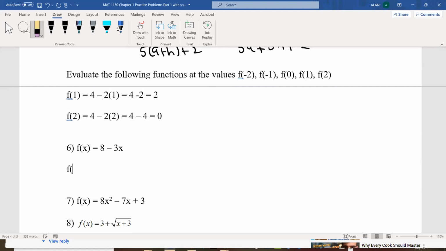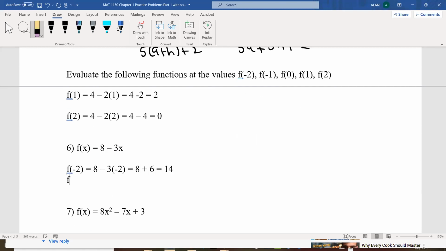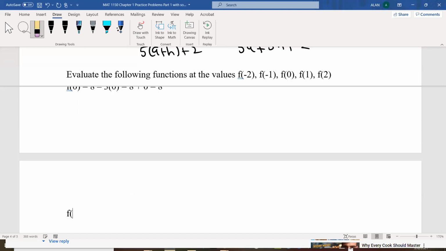I start with f of -2, which is 14. Okay. Now what do I have with -1? It goes down by 3, doesn't it? Yes, it does, and it will keep going forever.